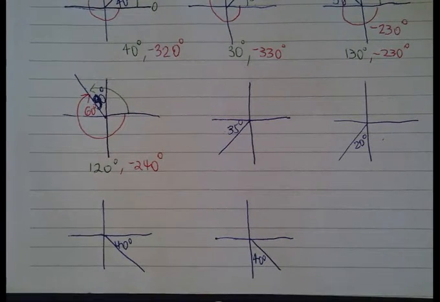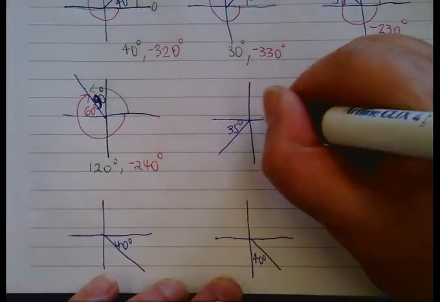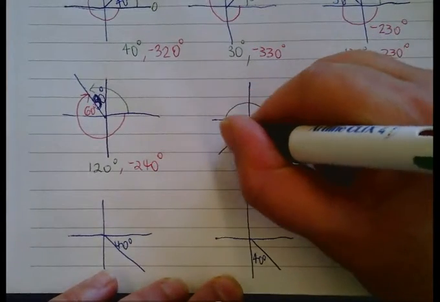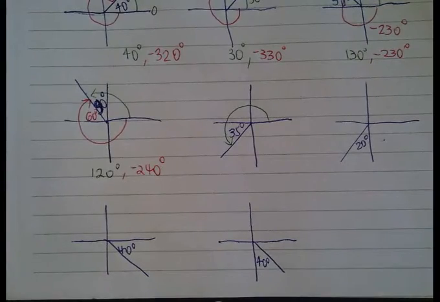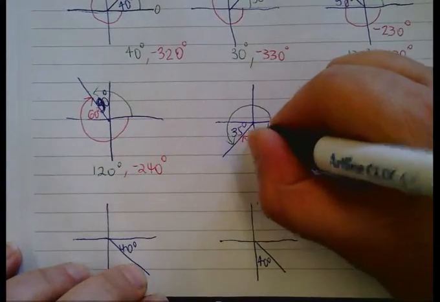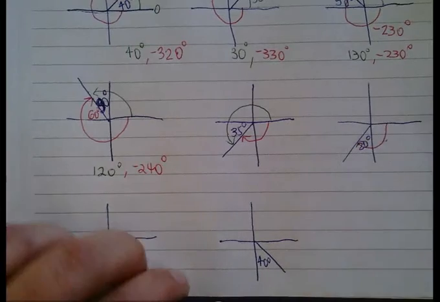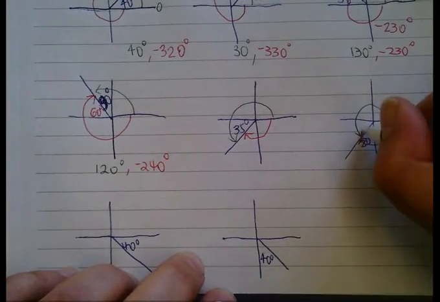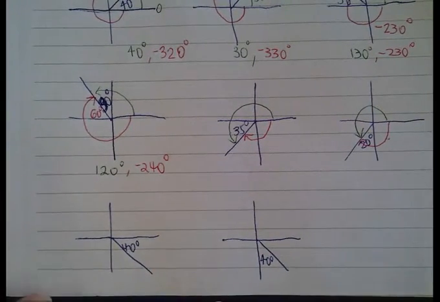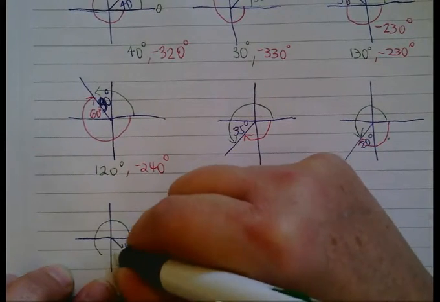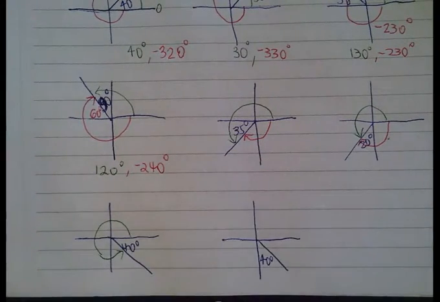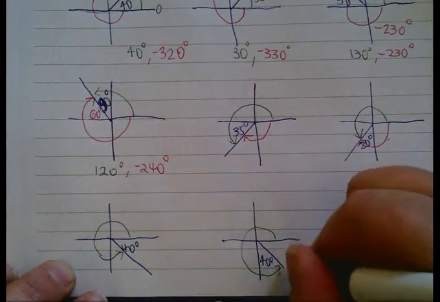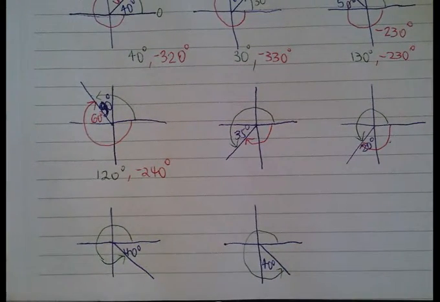So I want the positive angle and the negative angle. Positive and negative. Negative. That's a 20 down there. And positive. Positive, positive, and negative.